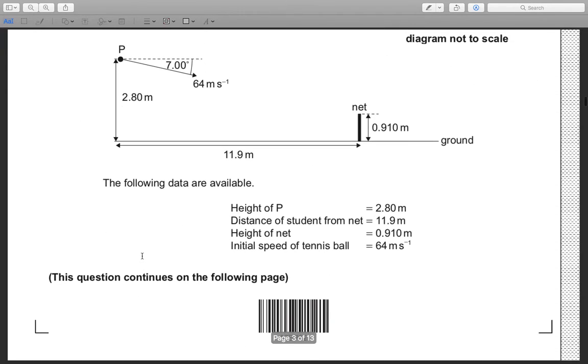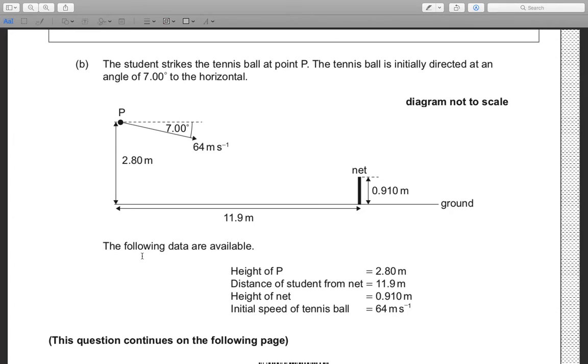Before we directly find the solution, we need to know the velocity in the x direction and the velocity in the y direction.